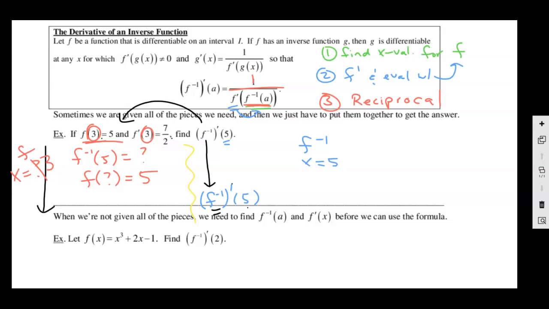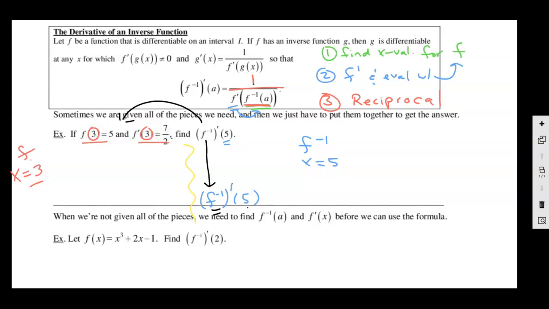We had f of 3 was 5, and then I had f prime of 3. So 3 is the value for the original. 5 is the value for the inverse. But then 3 is the value for that original. All right, so the first thing would be find that x value for the original, which we just did. It's 3. Right? And that's kind of obvious because it's right there for you.